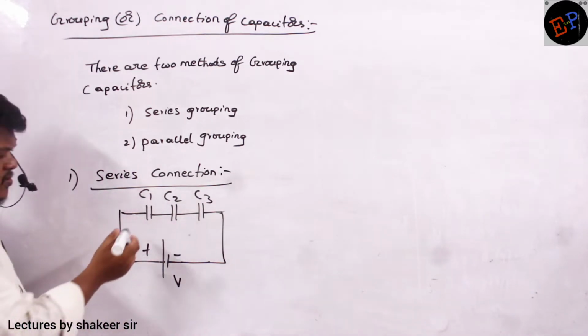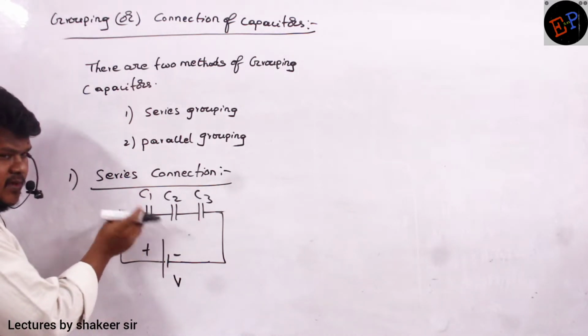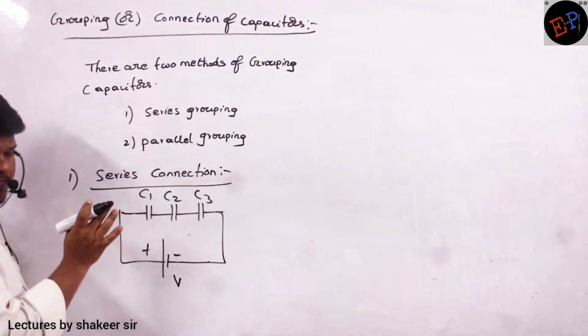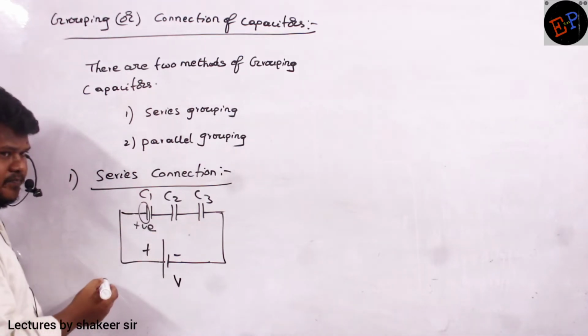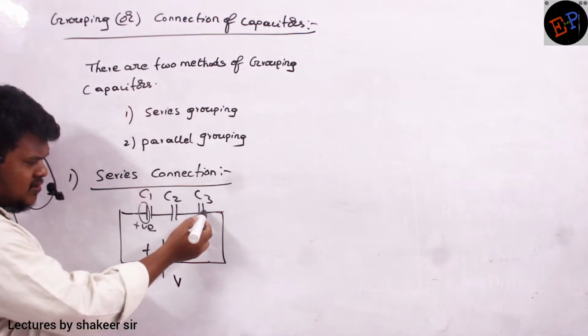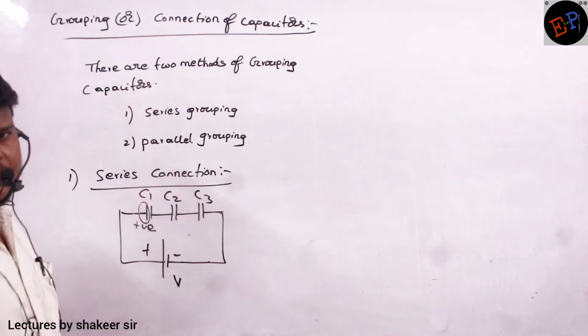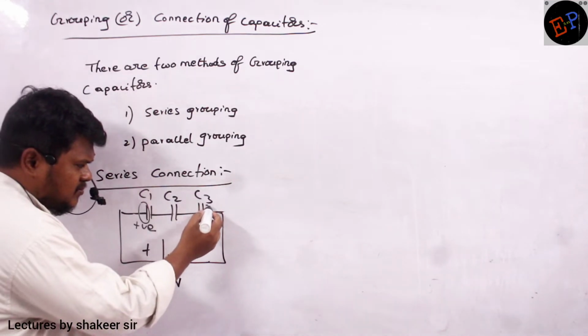From where the battery is removing electrons, it is removing electrons from the first plate of the first capacitor. So this capacitor will become a positively charged body because it is losing electrons. And these electrons go and are deposited on the second plate of the last capacitor. So that plate will become negatively charged.